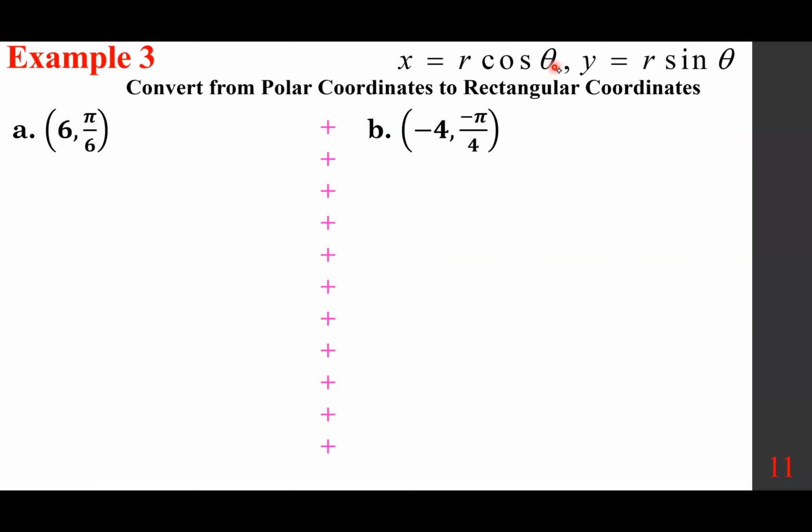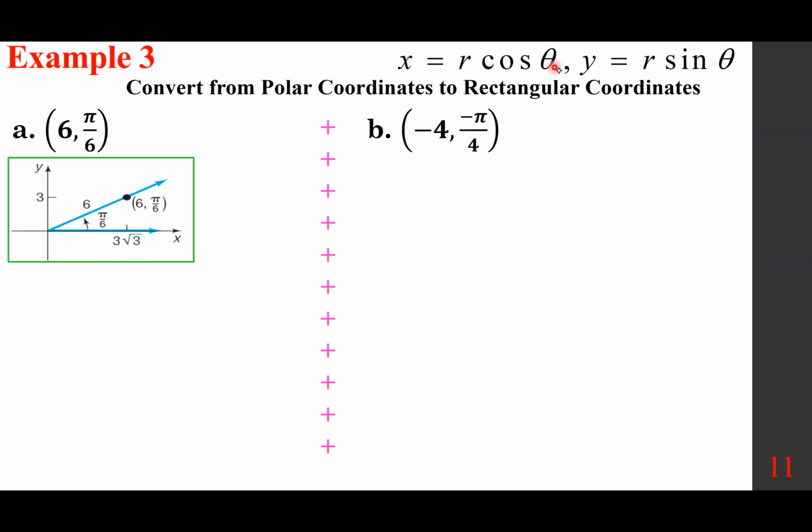Well, if we were to plot the pair, we would draw pi over 6 here, and then we would go 6 tick marks, and that gives us this answer. Now, x is r cosine theta.